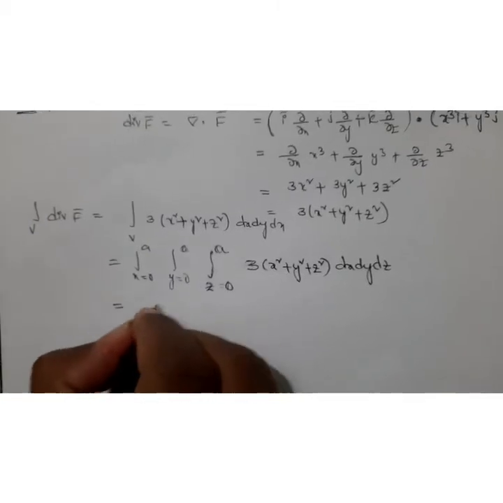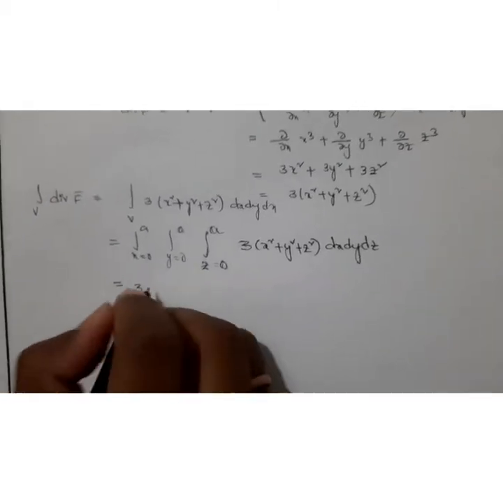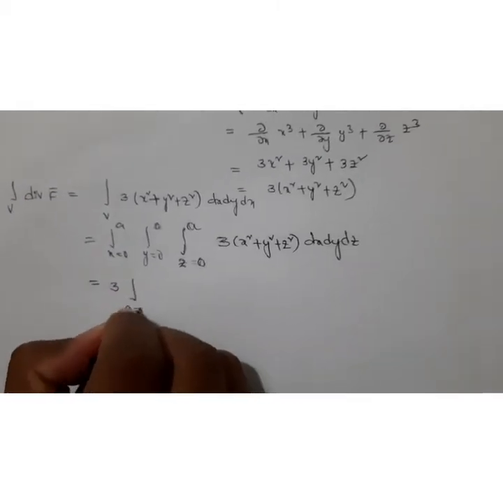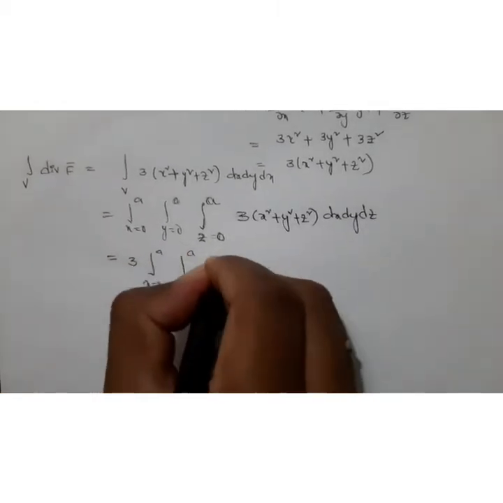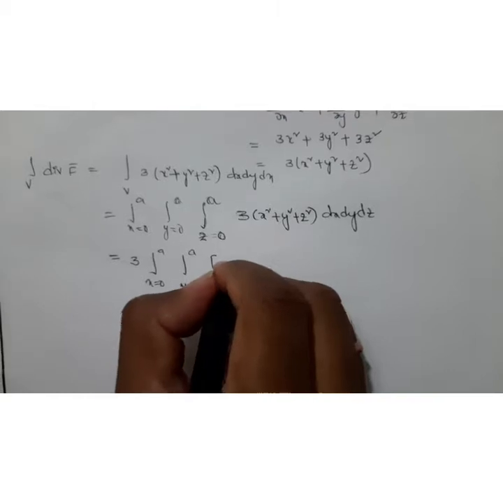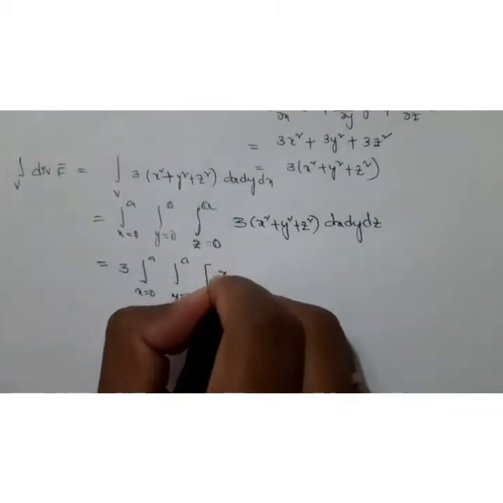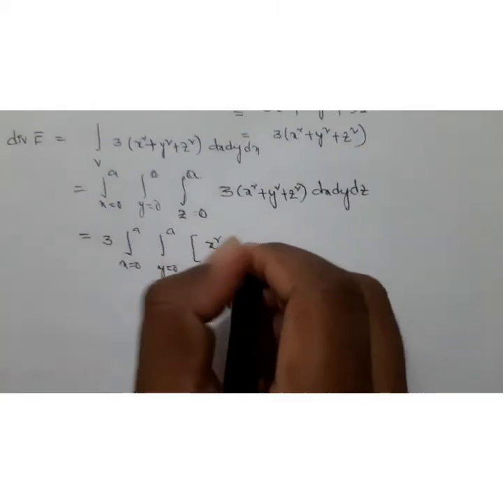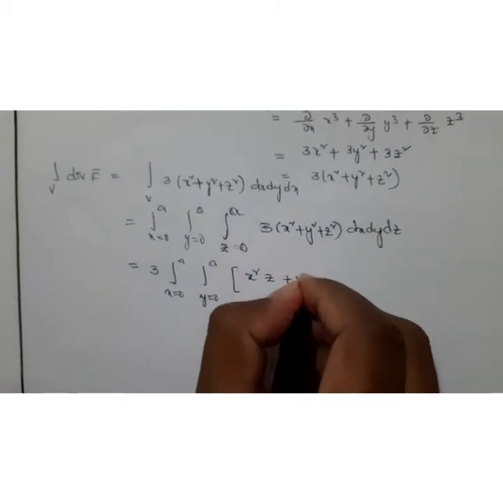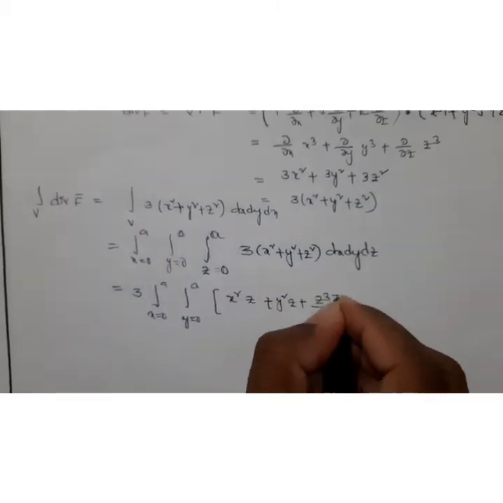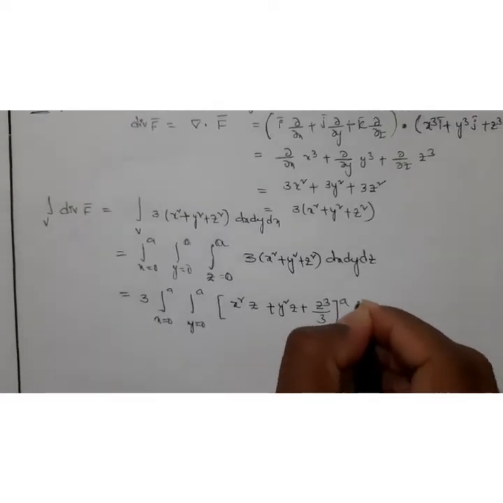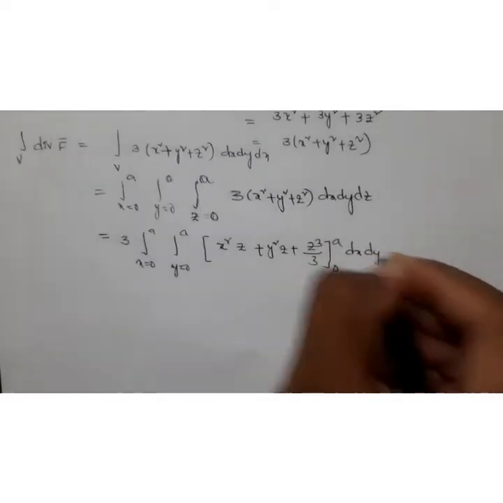Simplify this. 3 is a constant, so take it outside. Integral x from 0 to a, integral y from 0 to a, integrate with respect to z: x square into integral of 1 dz is z, plus y square into z, plus z cube by 3, limits from 0 to a, into dx dy.